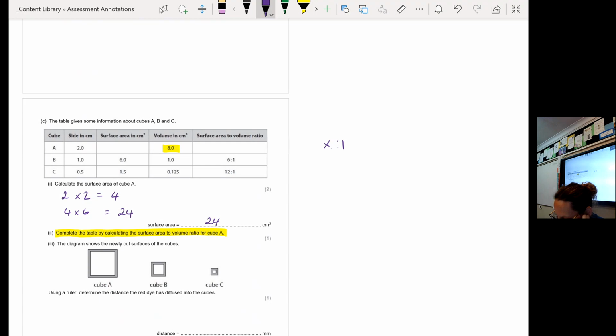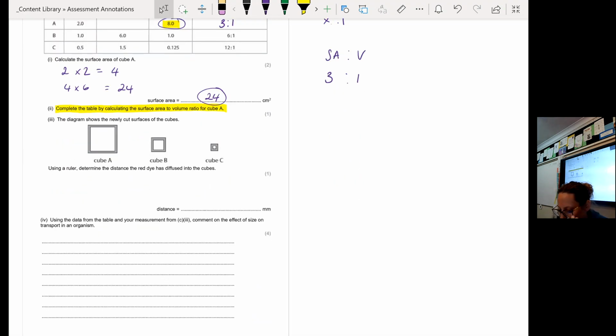Always do surface area to volume, my SA to V. Therefore, if I divide my surface area by my volume, I am going to get that. So if I do 24, which is my surface area I've calculated, and then my volume is 8, if I do 24 divided by 8, I get 3 to 1, and I can put that in here.